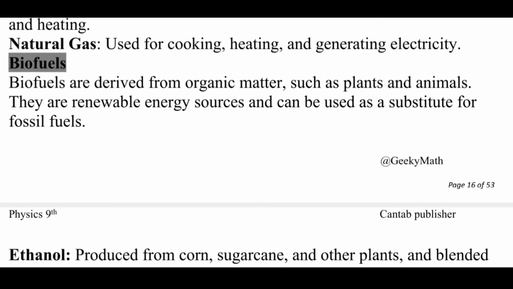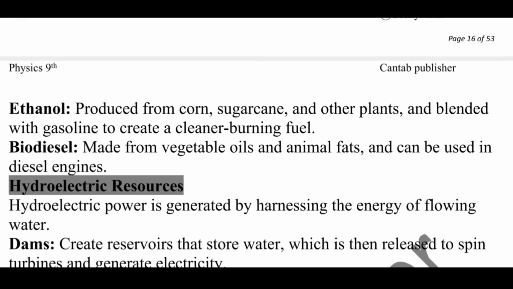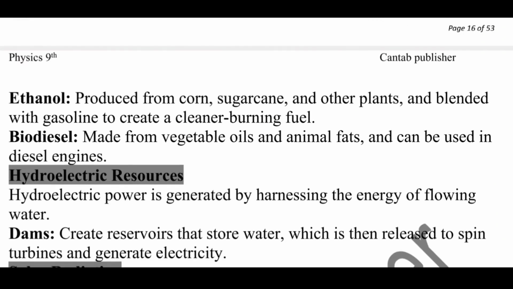Biofuels are derived from organic materials such as plants and animals. They are renewable energy sources and can be used as a substitute for fossil fuels. Ethanol, produced from corn, sugarcane, and other plants, is blended with gasoline to create a cleaner burning fuel.